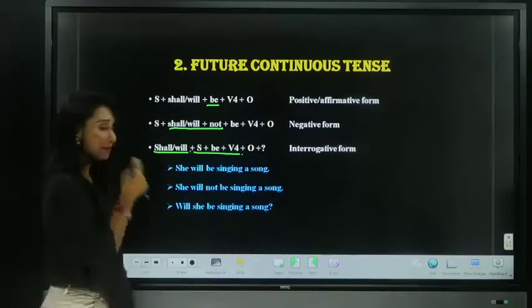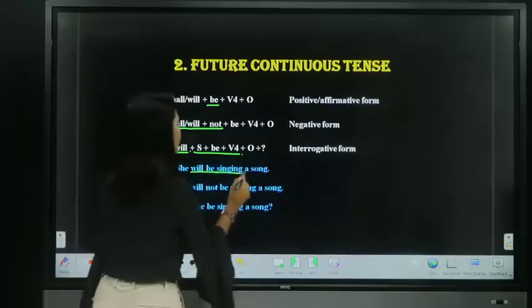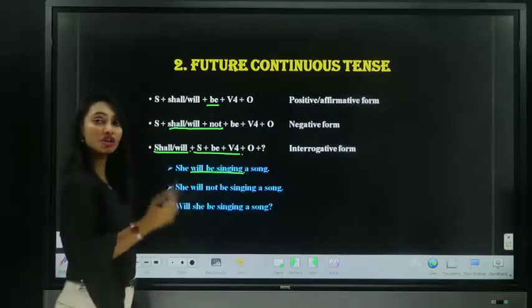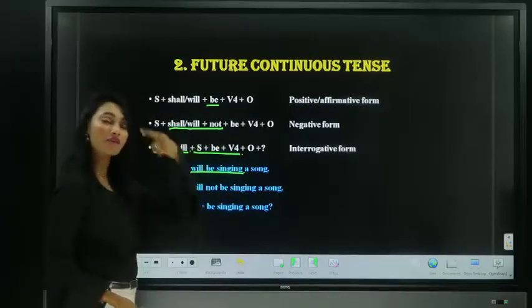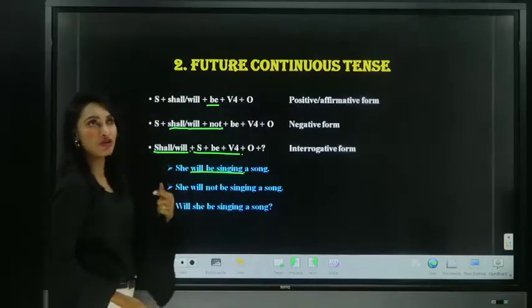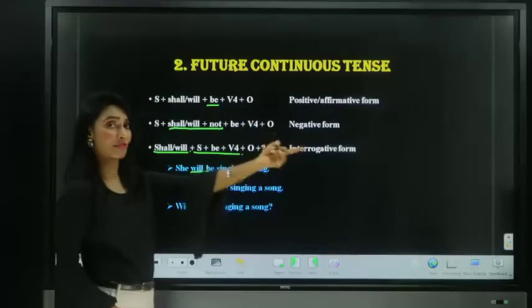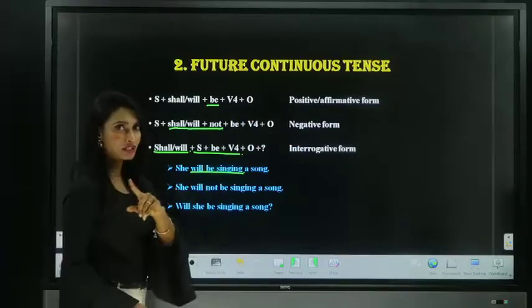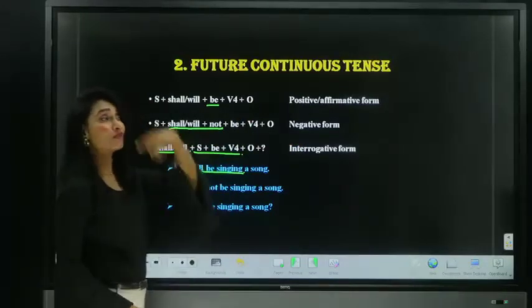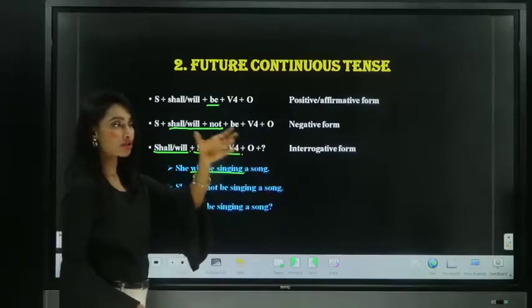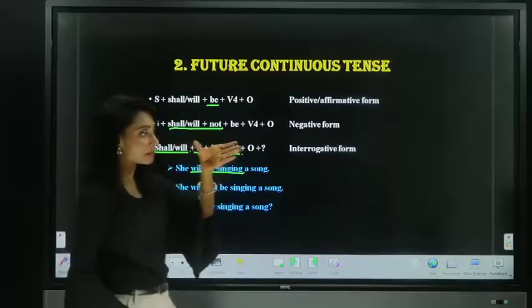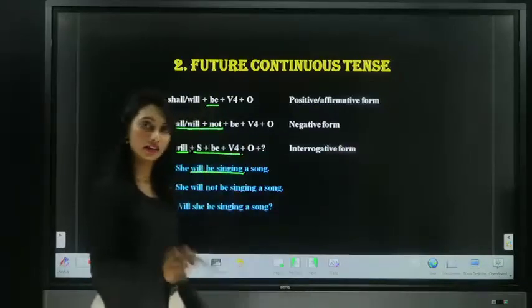Now let us see some examples. She will be singing a song. Our imagination for action which will be going on at some point of time in the future. It's not completed, it's not going on, it will take place in the future, but we are talking about the action which will be going on in the future.